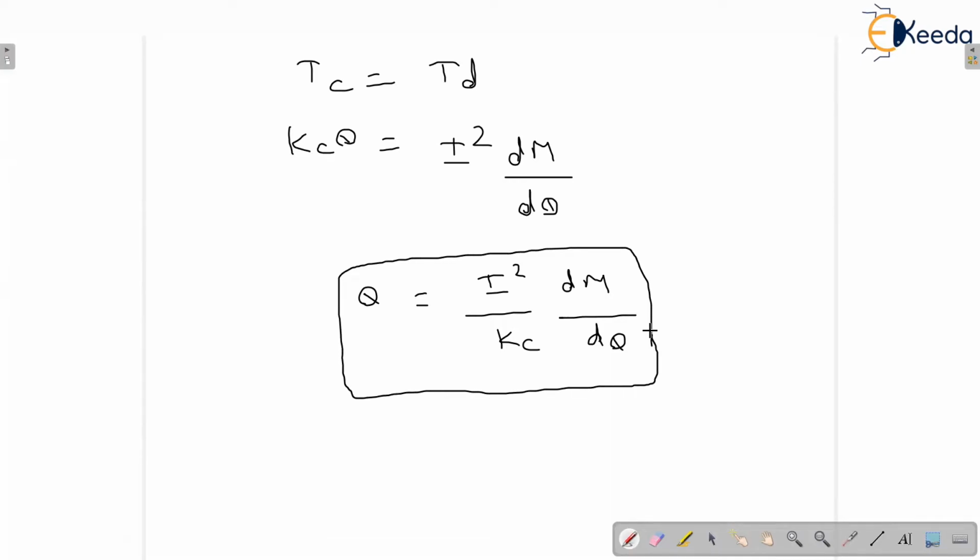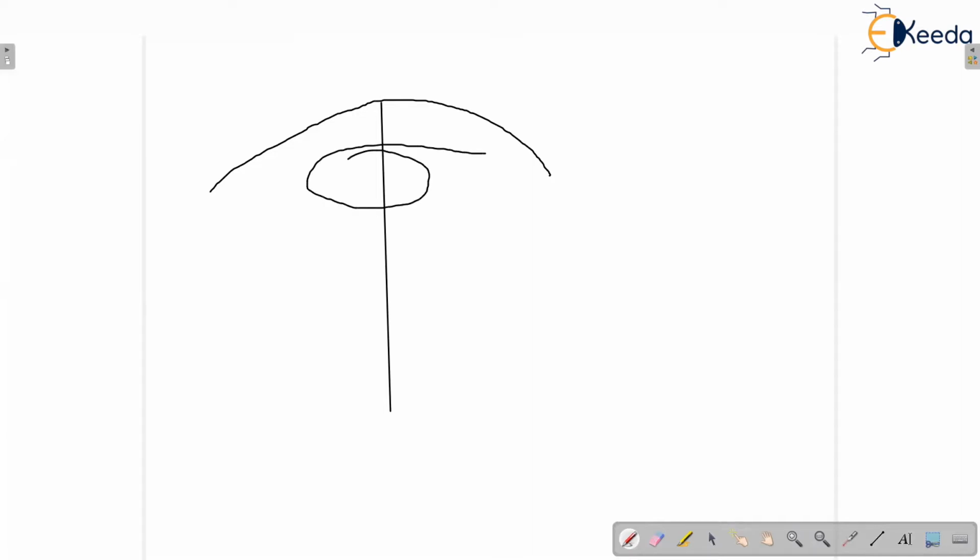Then next, let's see how the pointer will deflect. You will have the current coil now. This current coil is divided into two halves.